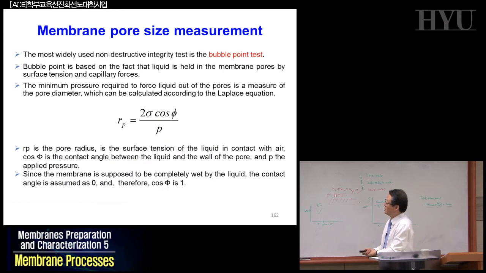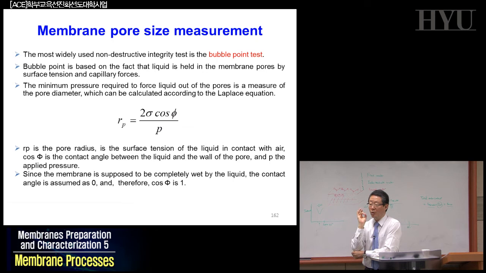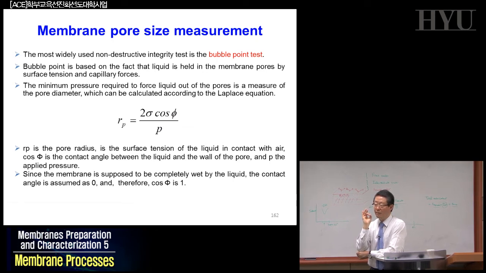Let's talk about the pore size measurements. Well, pore size. You saw the pores of your membranes, and the pore size is very important. The size of the pore can be determined by many methods. If you have a pore, it can be observed visually by microscopic measurements or characterization methods.